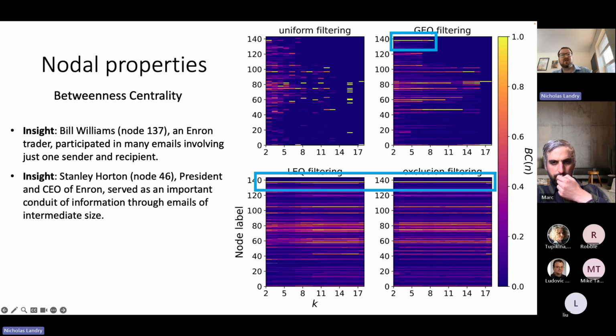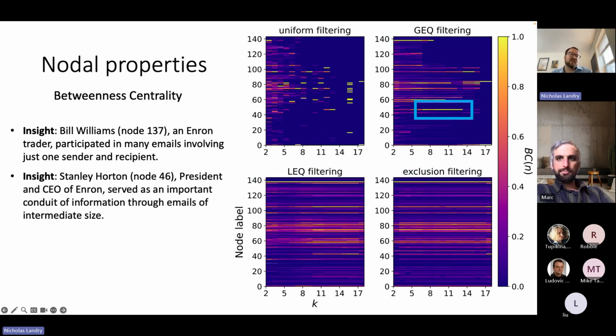But it turns out that he's also involved in many lower order connections, as we see in this top right panel here. It continues to be a very central node, and also down here as well. So by and large, he might be the most central node if you average across scales.